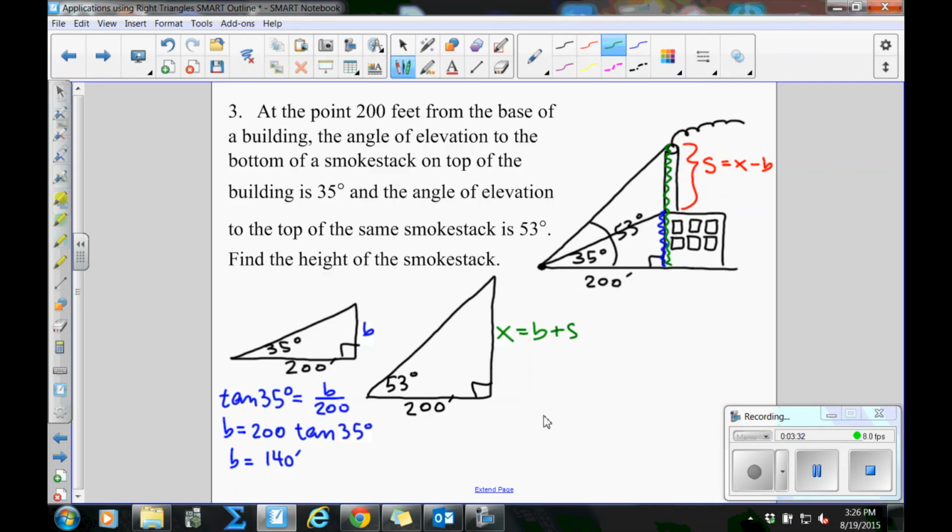Then we'll find the total height using tangent as well. Multiply both sides by 200, and use your calculator in degree mode to get a height of 265 feet.